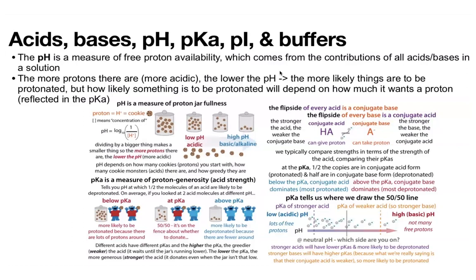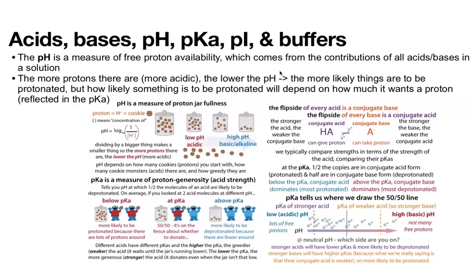Similarly, if you have a stronger acid, you're going to need a lot more protons around in order to have half of it in its protonated state. This means you're going to need to get to a lower pH in order to protonate it. Whereas if you had a lottery with good odds of winning, you don't need as many tickets. And so this would be like a weaker acid, a stronger base. Basically, you need fewer protons around for it to be protonated, and therefore, even at a higher pH, it will still be protonated.